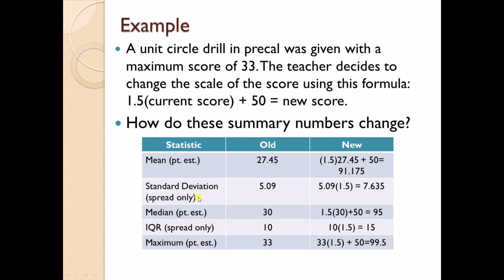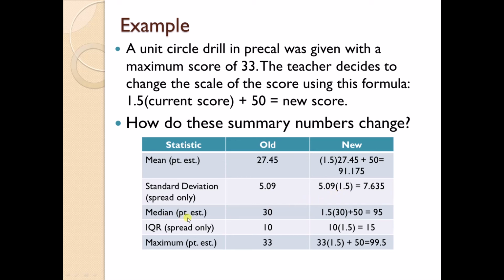Let me back that up. If you have standard deviation or a measure of spread, it'll only be affected by the dilation, because adding a constant will just move things right or left. It won't change the spread, but the multiplier will. Hopefully I've salvaged that. Good save, Garner.